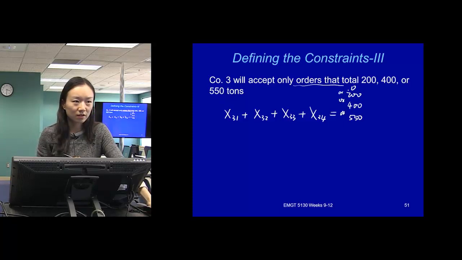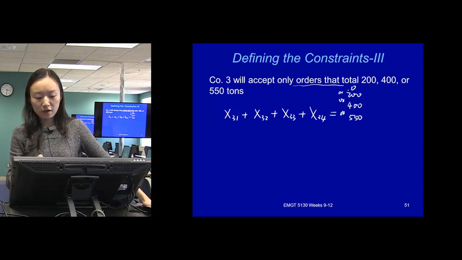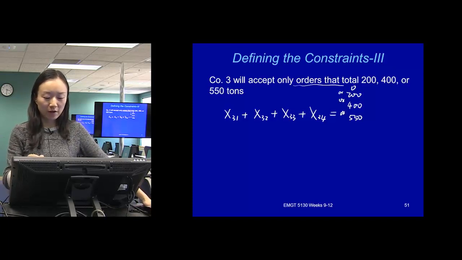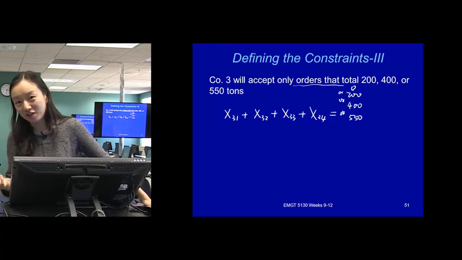So what's the constraint? You only choose one of them. The total can't be both. So among these 4 values, you only choose one of them. No more than one can be chosen.